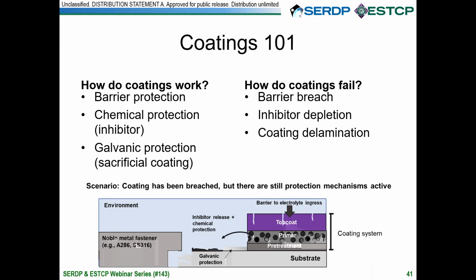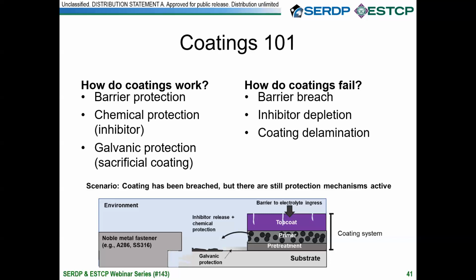And conversely, there's also three primary ways by which a coating can fail. Something can physically breach the coating, like somebody drops a wrench on it, or a joint flexes enough times that the coating is cracked or broken, and then ions and water can get to the substrate. Second, the inhibitor can be depleted and no longer work to protect the substrate.